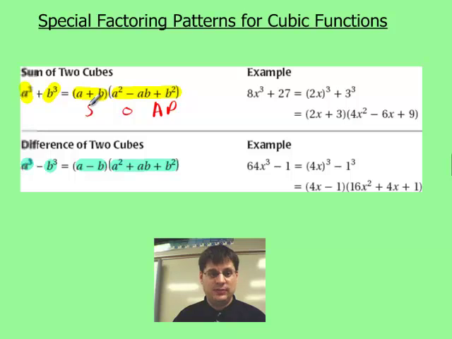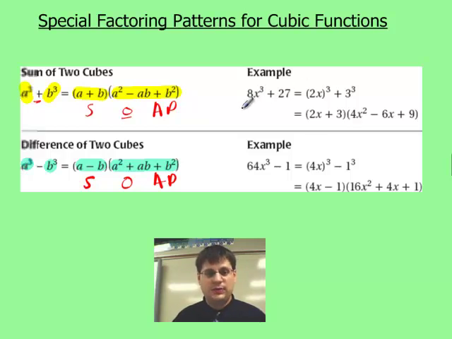S stands for the same as our original sum of cubes. And then the next sign is going to be opposite, so this is plus, that's going to be minus, and then this third sign is always positive. Same applies here. Same, so this is minus, that's minus, opposite, plus, and always positive. So if you remember SOAP, it's an easy way to remember how to do that.